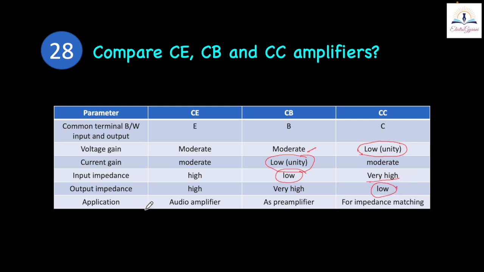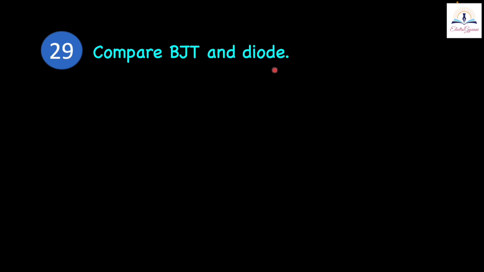Now the next is the application. So the common emitter is mostly used in audio amplifiers because it provides moderate voltage gain and moderate current gain. That's why it is used in audio amplifiers, while the common base configuration is used as pre-amplifier and common collector is used for impedance matching.